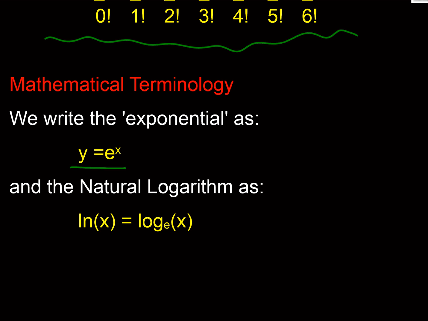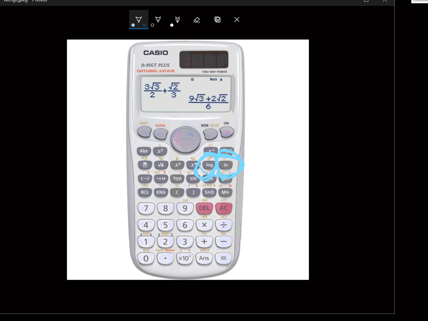And if we want to find our natural logarithm, we call that ln, log natural of x, which is effectively the log to base e of x. As we saw earlier, we can see that on our calculator. It was that one on this side here, our ln button. So we can do all our calculations in natural logs.